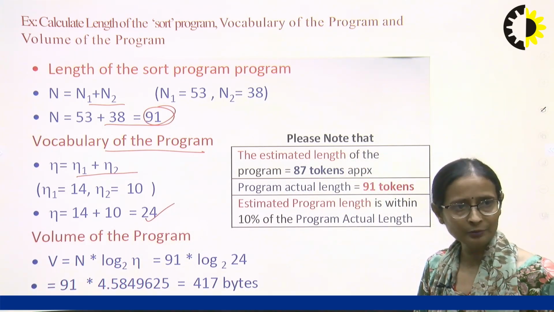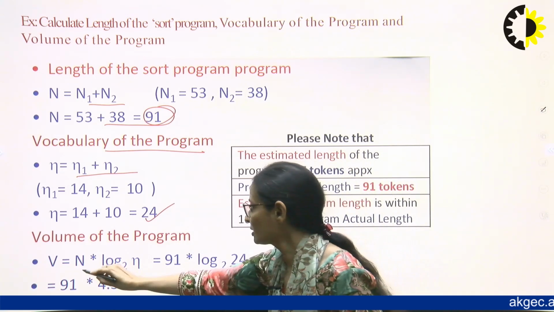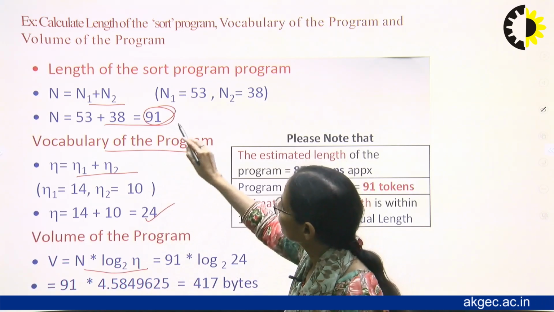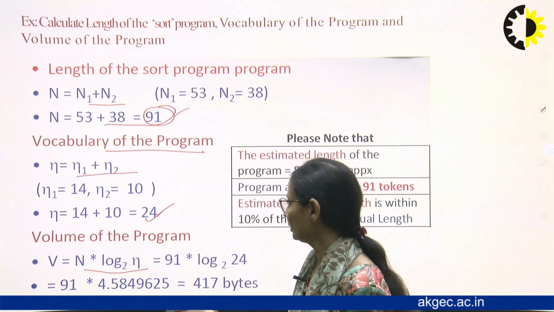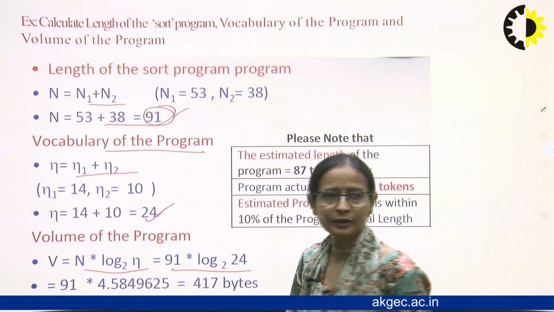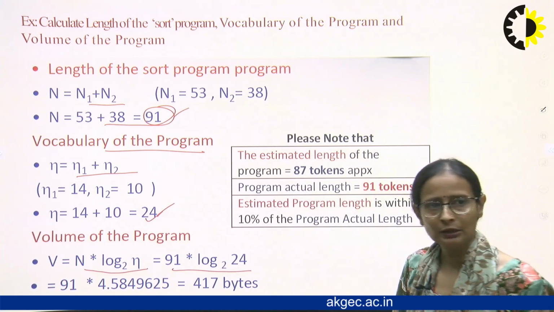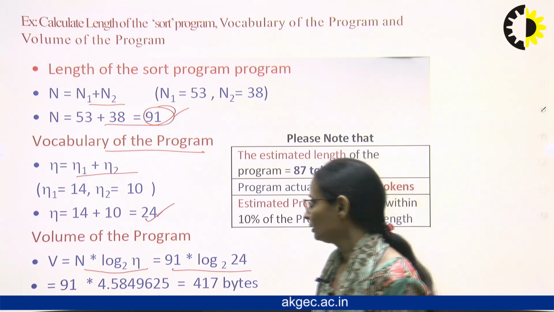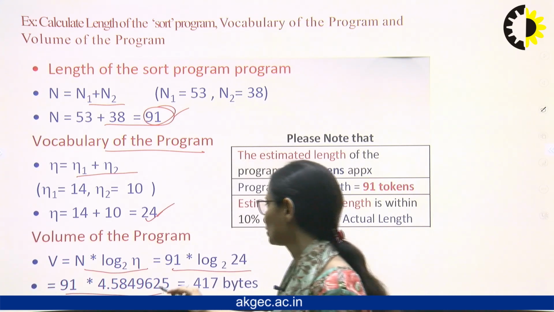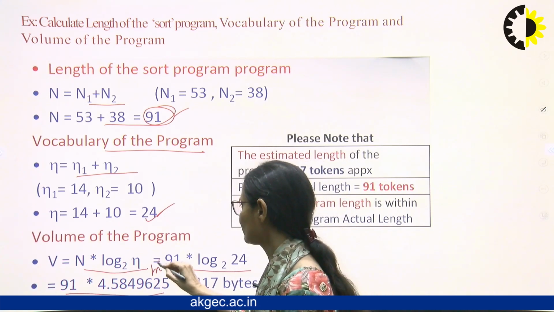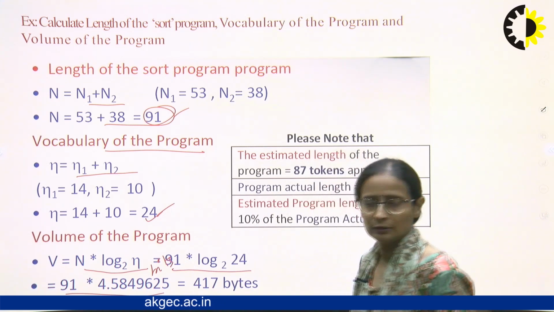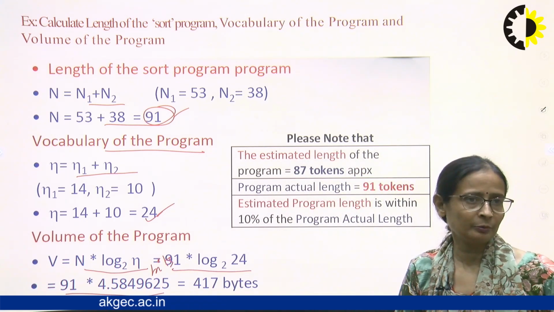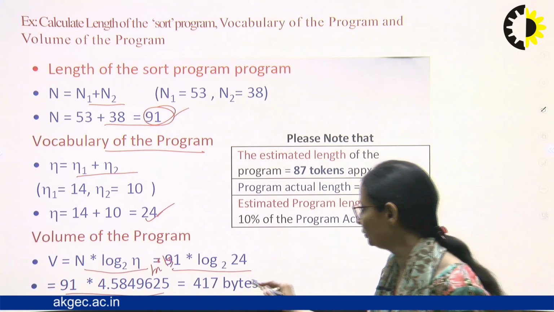For the volume of the program, after putting N as 91 and eta as 24 in my formula, I got this many bits. If you remember, the output comes in bits, and we have converted it into bytes.